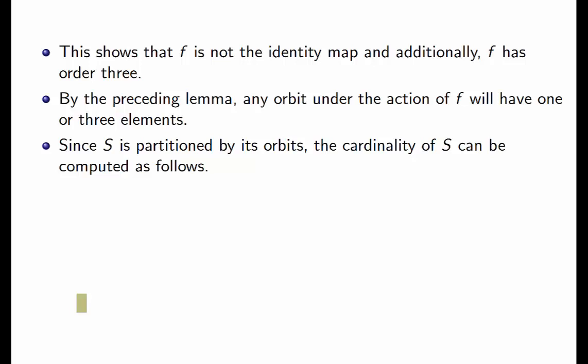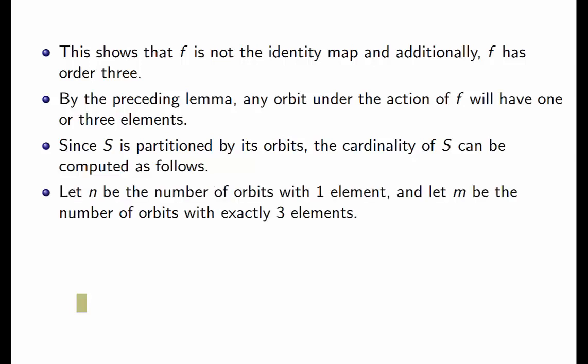If we define that two elements are equivalent if and only if they are in the same orbit, then this partitions S into orbits induced by the map f. But we have already seen that we can only have orbits consisting of 1 element or 3 elements.